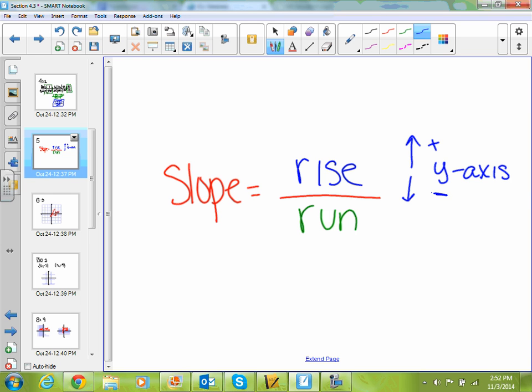If we go down, it's negative. Okay, so that's our rise. Our run, we're always looking at our x-axis, but we're always running to the right. So we look at a graph like we read a book from left to right.